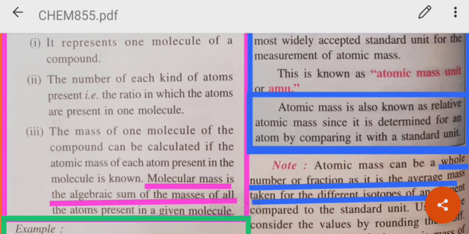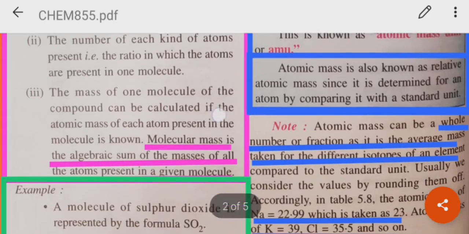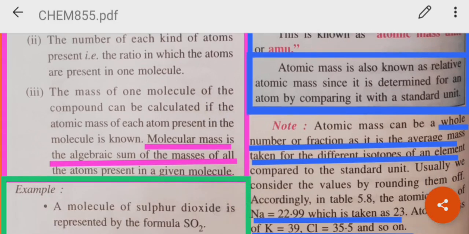And it also tells us about the mass of one molecule of the compound, which can be calculated by adding the atomic mass of each atom present in the molecule. So, what is molecular mass? It is the algebraic sum of the masses of all the atoms present in a given molecule, okay.